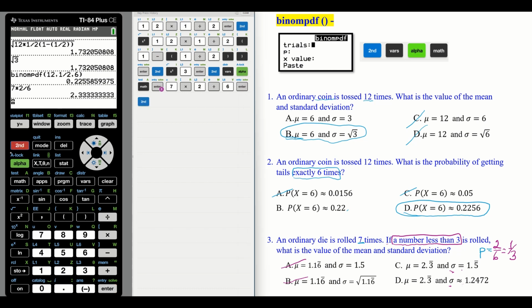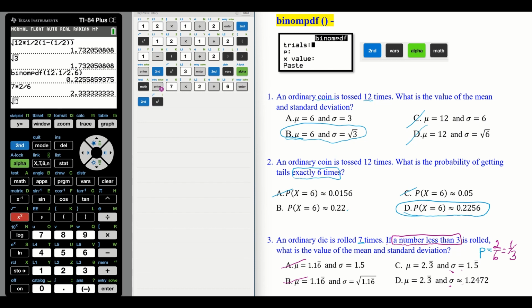We have second, squared button, and then that's 7 times 1 divided by 2. Oh, nope, that's incorrect. 2 divided by 6, parentheses 1 minus parentheses 2 divided by 6.